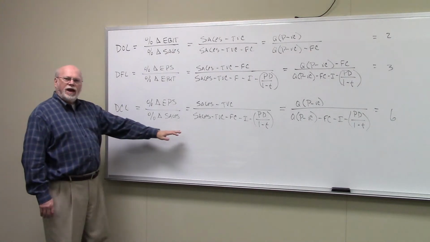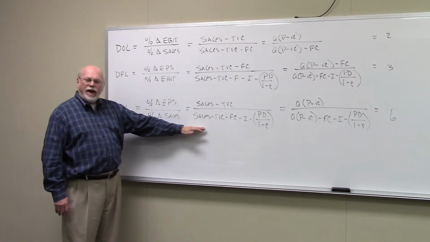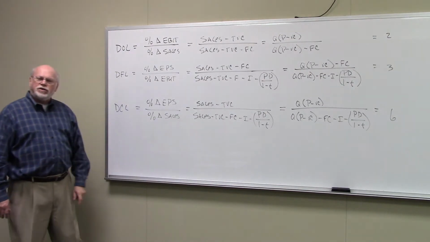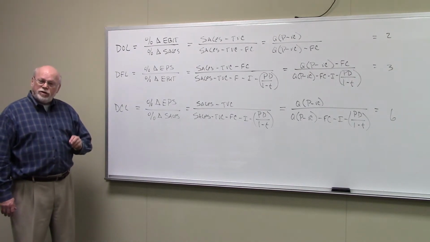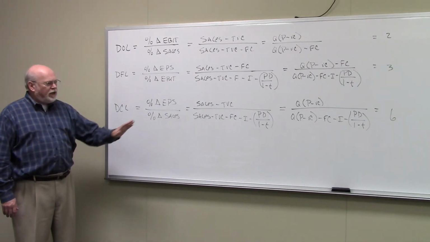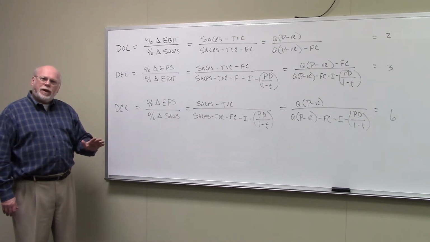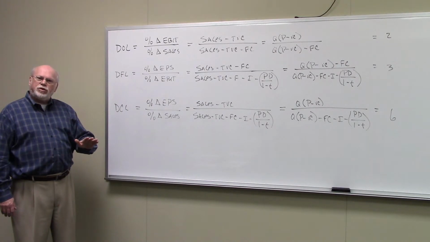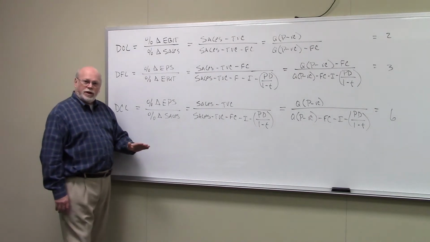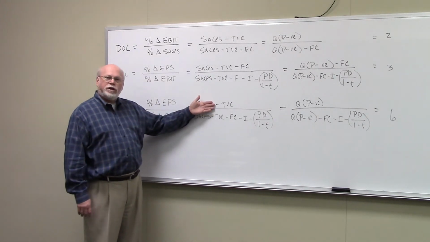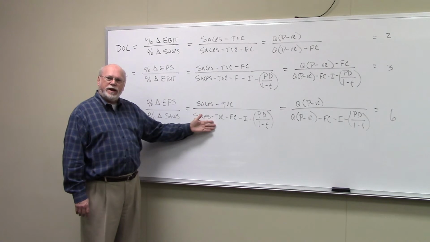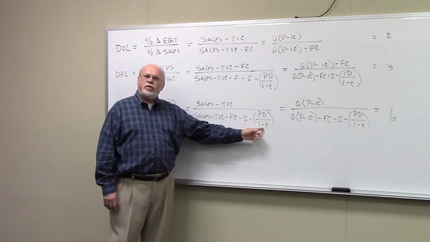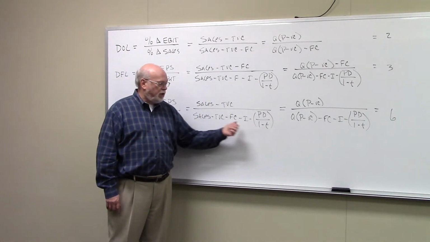If you have accounting data, the way you calculate the degree of combined leverage, the numerator would be sales minus total variable cost. The denominator, sales minus total variable cost, minus fixed cost, minus your interest expense, minus the pre-tax dollars you need to pay the dividends on your preferred stock. Note, the only difference between the numerator and the denominator is the 3 sources of leverage.